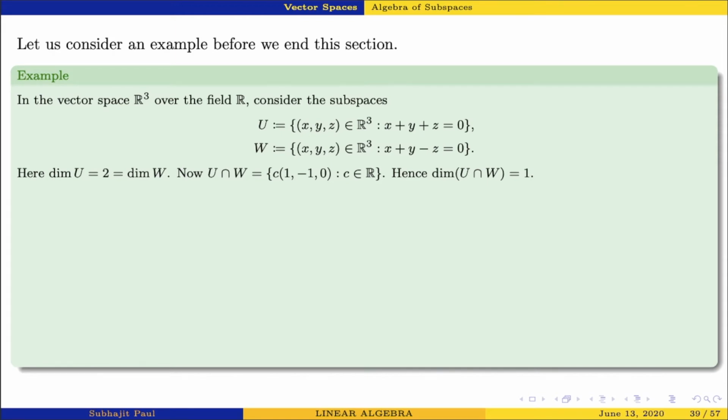It's a straight line. Now U plus W is this thing, where U is x plus y plus z equals 0, and W is x plus y minus z equals 0.